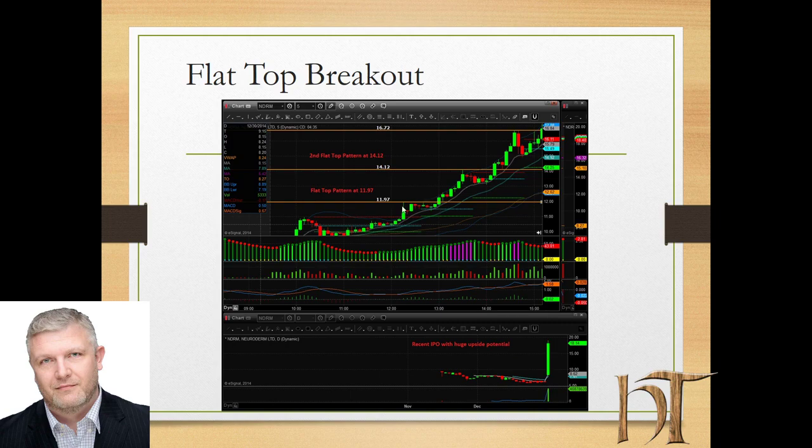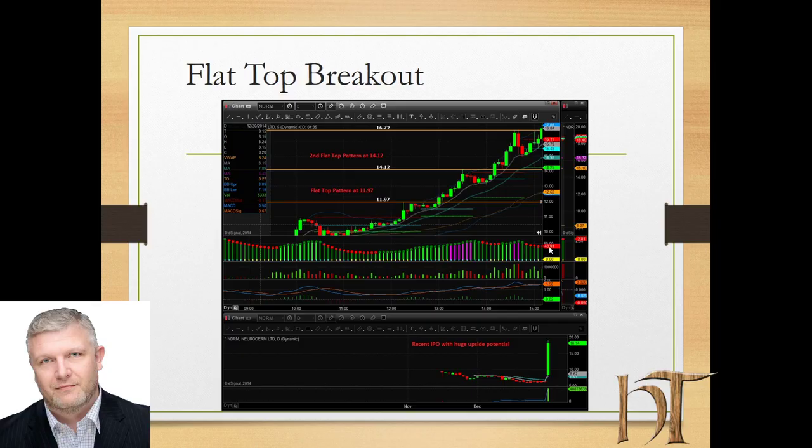Consolidation. This is a little bit of an unusual time of day to have this type of consolidation, but we consolidate right under 12. 11.97 was the high, and we tap it and we pull back a little bit, and then we come back up and we break it, and the volume comes in at the break of 12 and goes from $12, a big spike up.